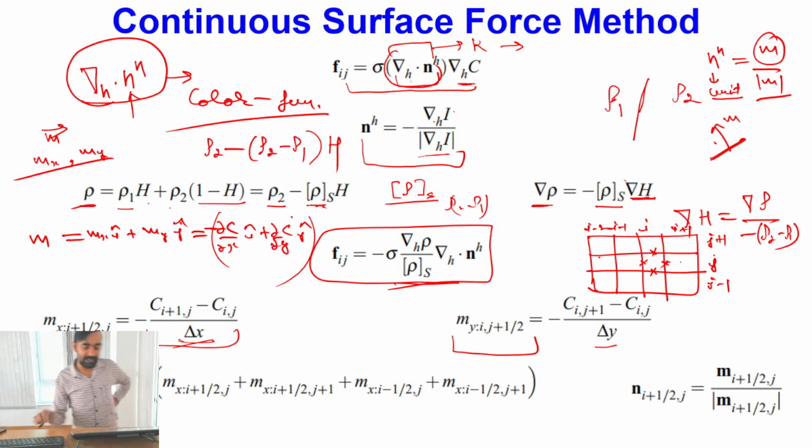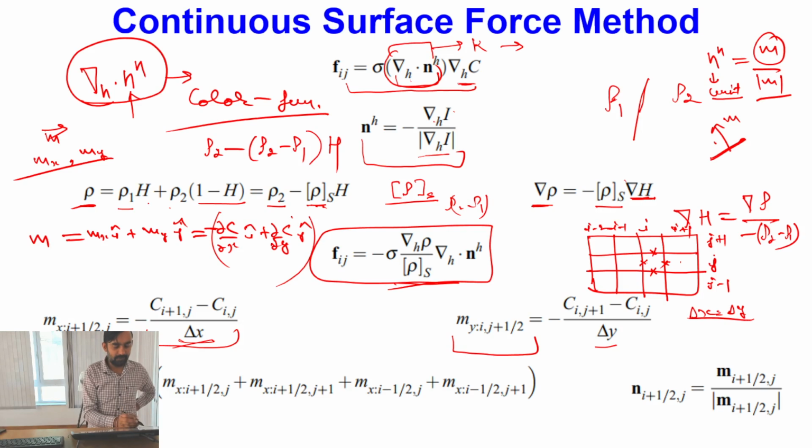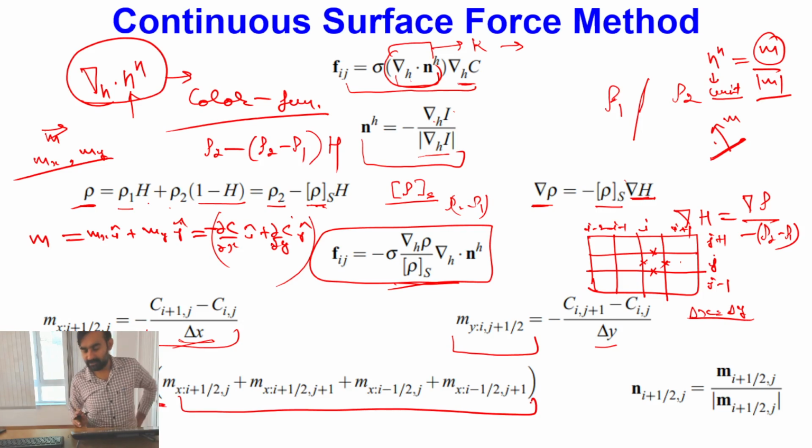So if I know the value at all the edges and considering that delta x is equal to delta y, I can simply say that my value at i comma j will be nothing but the mean of all these slopes. Is this clear? So this is nothing but the average of all the slope values.